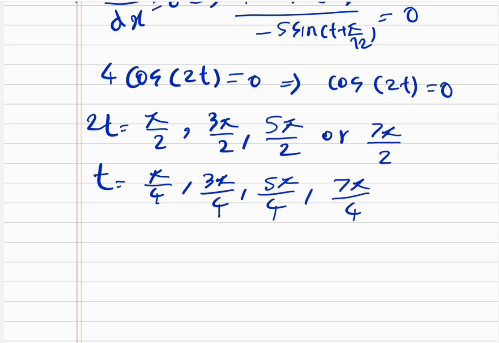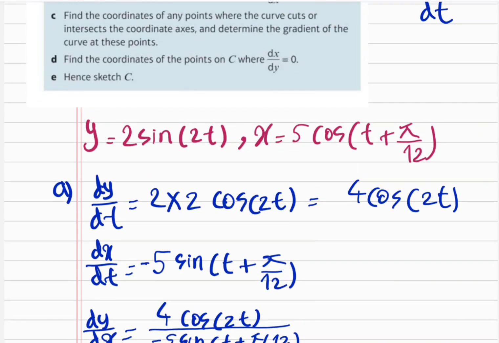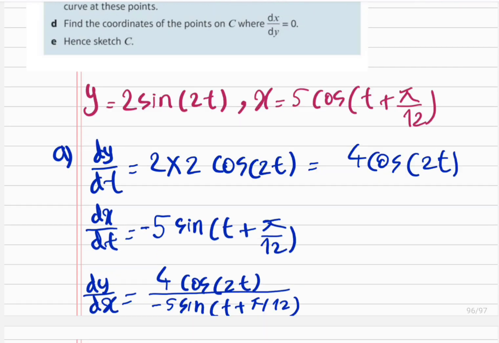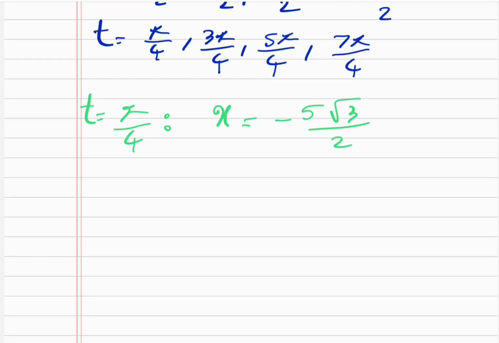So the first value of t we can start with is when t is equal to pi over 4. In that case, the x coordinate is going to be minus 5 pi root 3 over 2. Again, we just substitute pi over 4 into the equation of x and then into the equation of y, and we repeat this for each value of t to get the corresponding x and y coordinates.